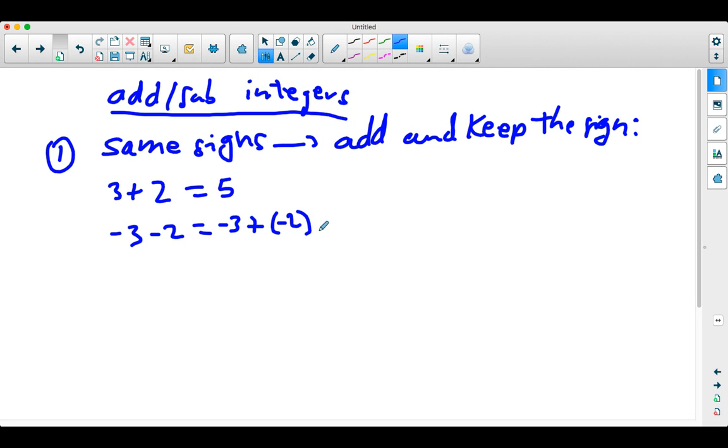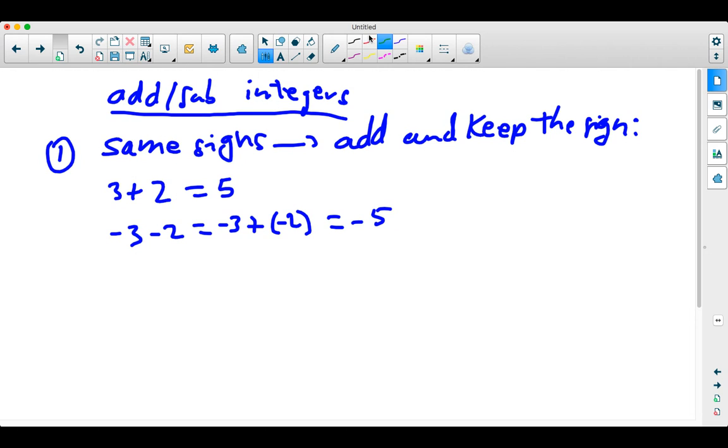So they are both negative. So I add them. So that would be 5. But because it's negative that I added, I kept the sign. Okay. So same sign, add them, and you keep the sign.